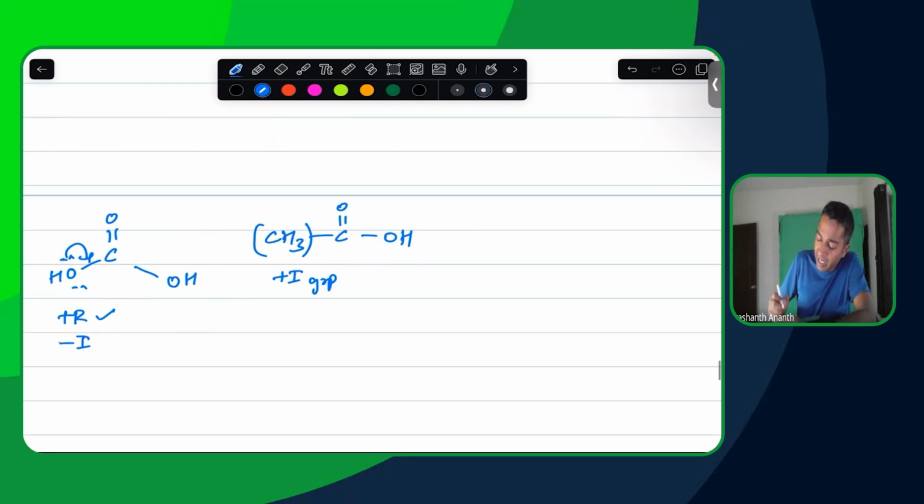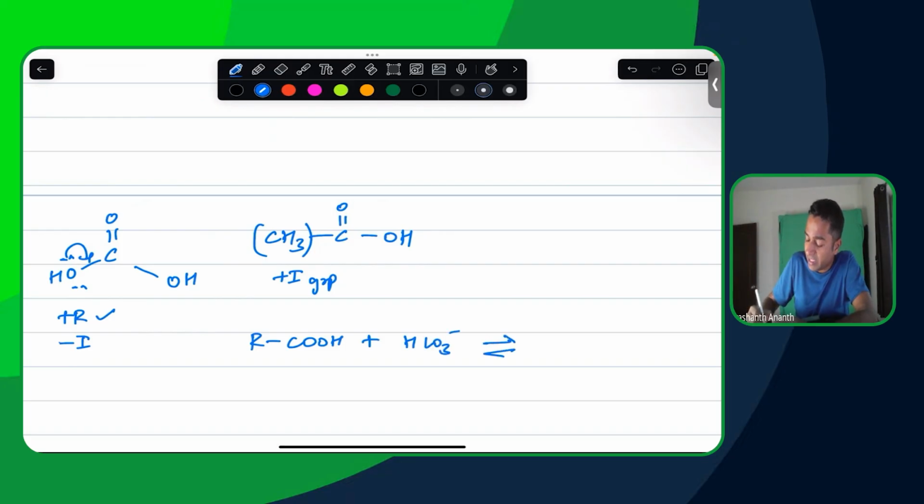So if I have a reaction like RCOOH plus HCO3 minus in an equilibrium, the equilibrium should result in RCOO minus plus H2CO3, correct? Yes, sir. Now, how do I decide which direction the equilibrium will be moving in?